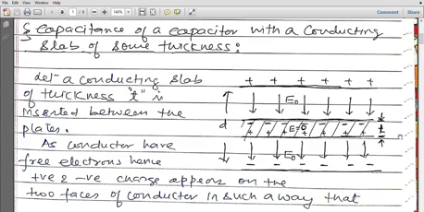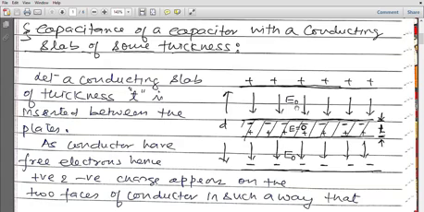Now there is a conducting slab of thickness t. Obviously this t is less than d. Now it is inserted between two plates of the capacitor. The electric field between two plates is E0, and it is because of vacuum or air. So it is represented by E0.